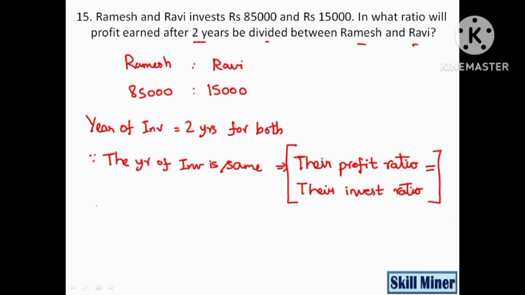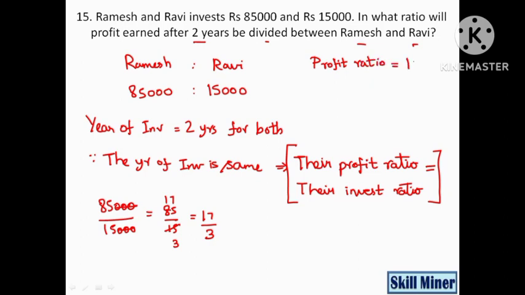Their investment ratio is 85,000 divided by 15,000, which is equal to 85 by 15. 5 threes are 15, 5 sevens are 35, so 17 by 3. So the profit ratio of Ramesh and Ravi will be 17 is to 3. This will be our answer.